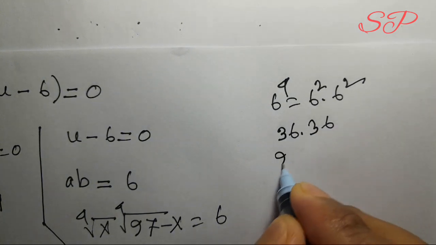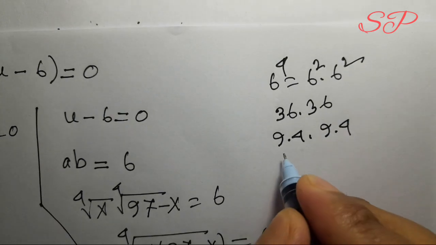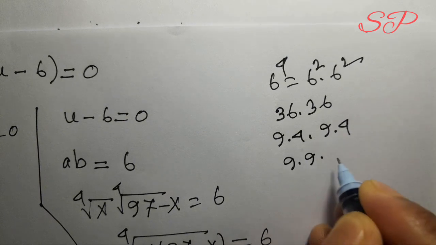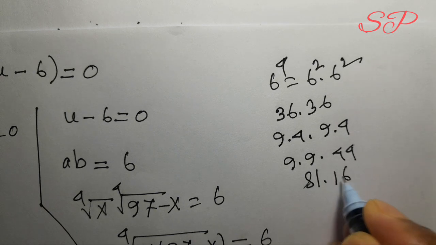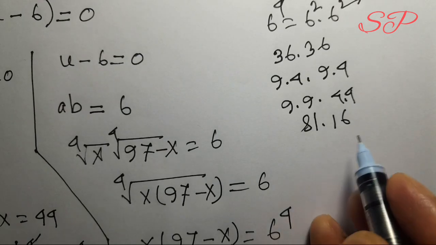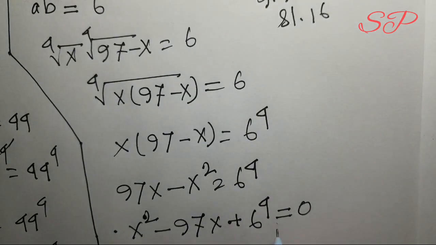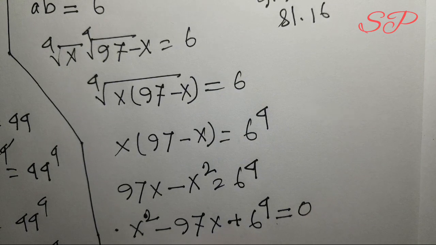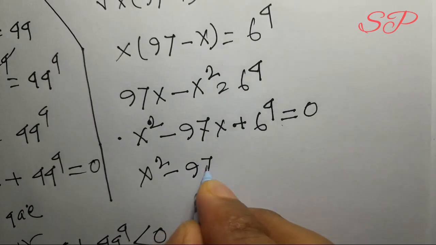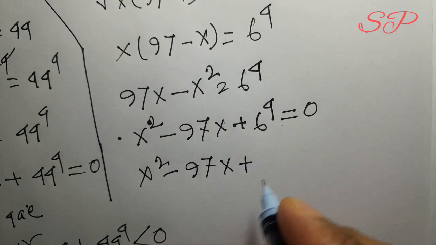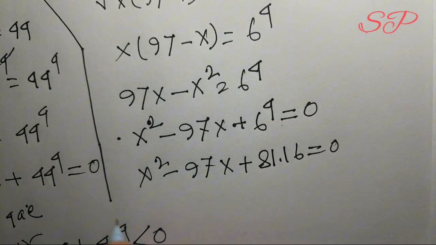It can be 9 into 4 and 9 into 4, so 81 and 16. Adding 81 and 16, we get 97. So we can write x square minus 97x plus 81 into 16 is equal to 0.